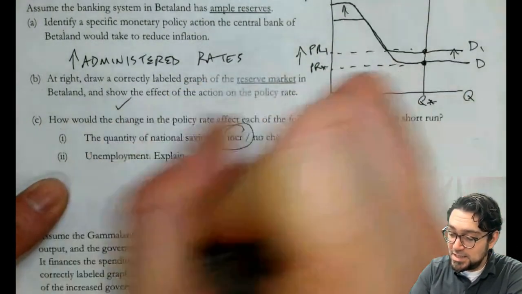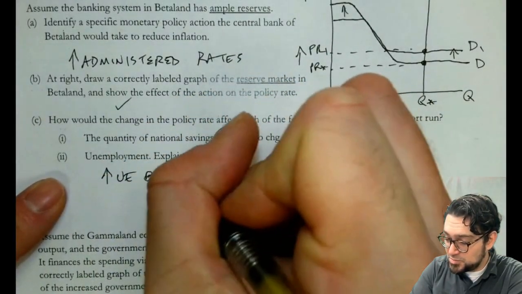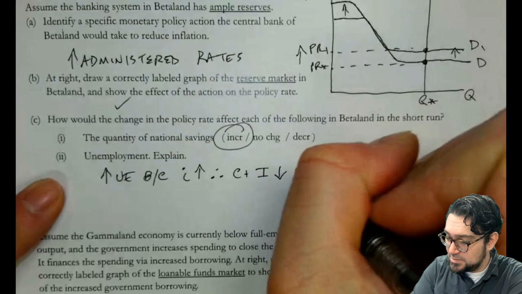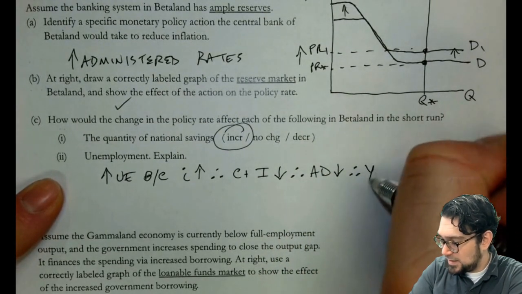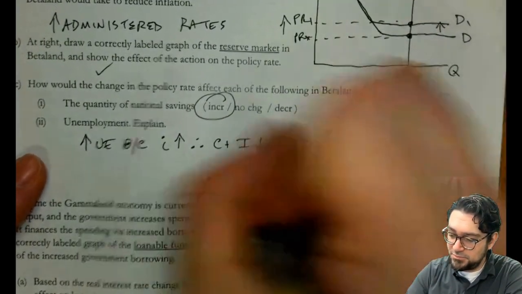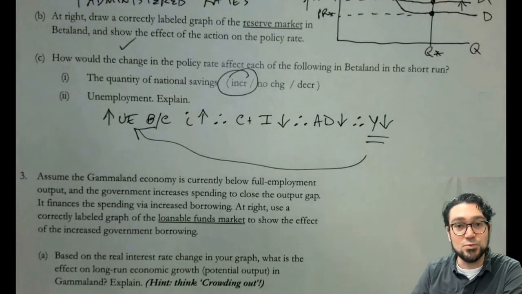Unemployment, though, is going to increase, because when the interest rate goes up, consumption and investment go down. Therefore, aggregate demand goes down, therefore output goes down. And this here is the kicker for unemployment, right? That lesser output is going to cause unemployment to rise.